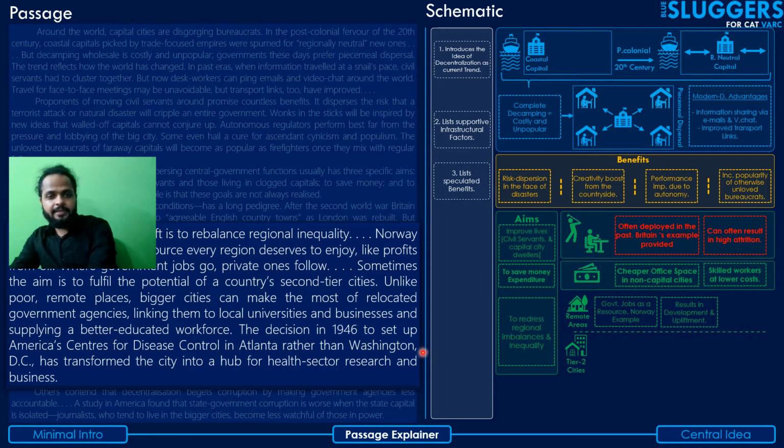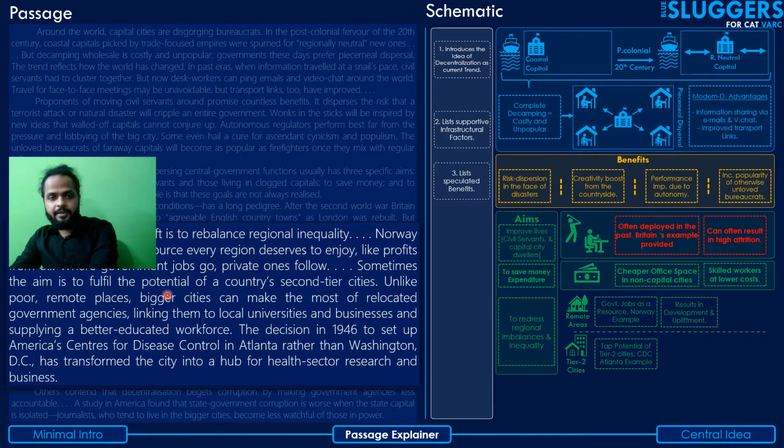Okay, so he says that sometimes the aim is to fulfill the potential of a country's second tier cities. Unlike poor remote places, the tier 2 cities, bigger cities, can make the most of relocated government agencies, linking them to local universities and businesses and supplying a better educated workforce.